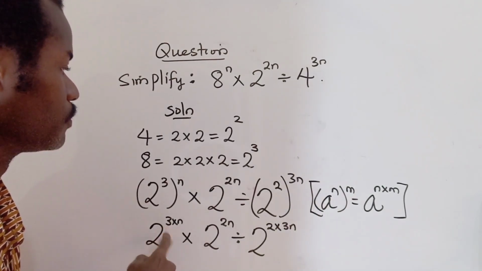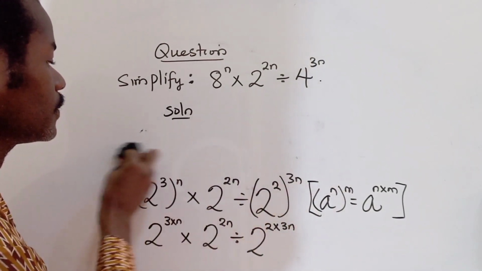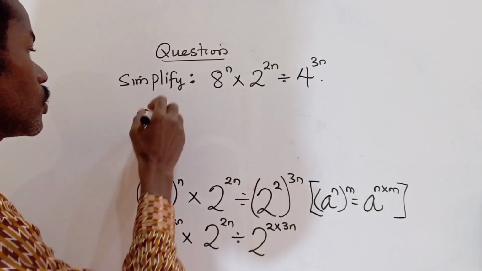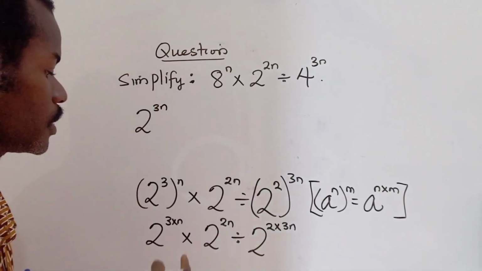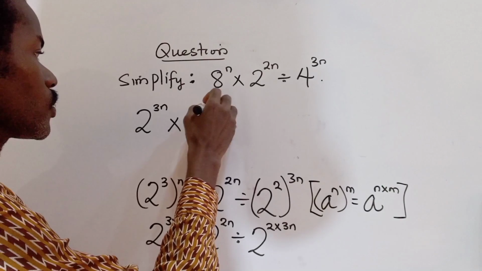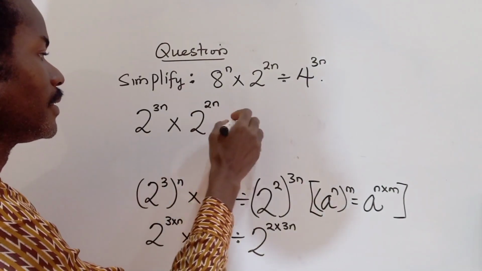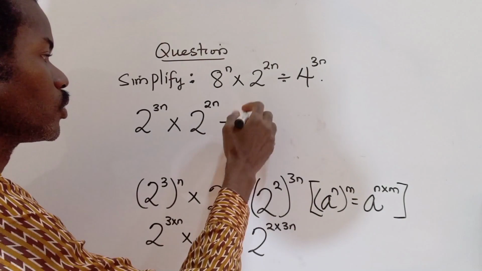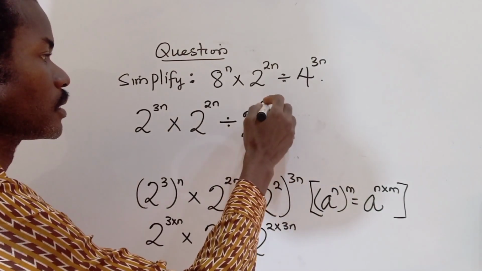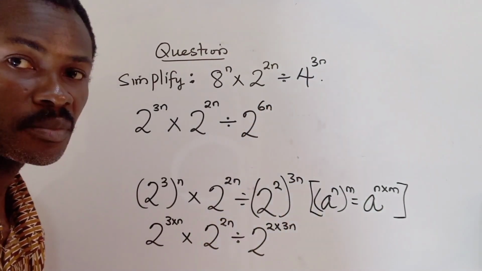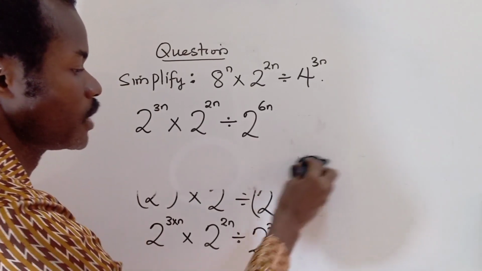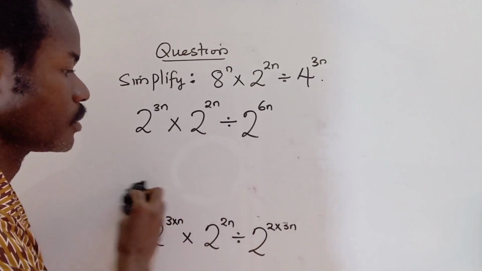So 3 multiplied by n gives us 2 to the power of 3n, multiplied by 2 to the power of 2n, and divided by 2 to the power of 2 times 3n, which is 6n.